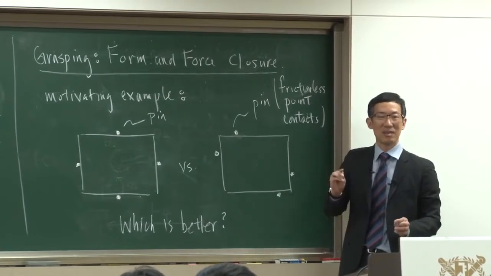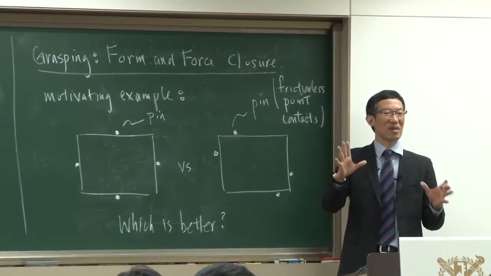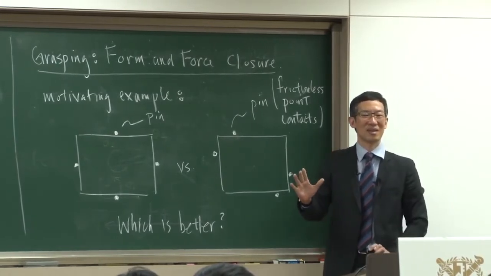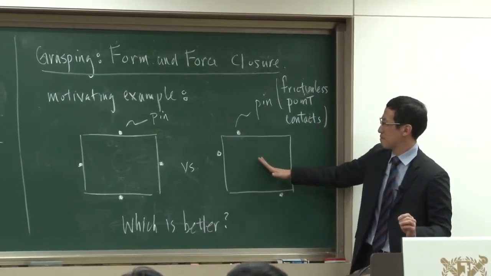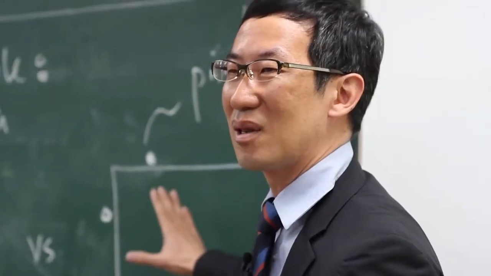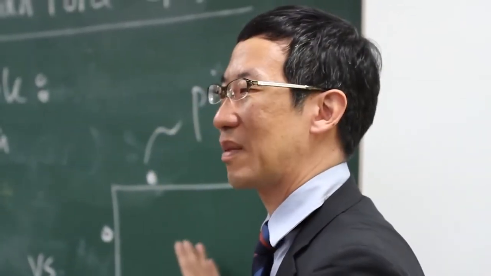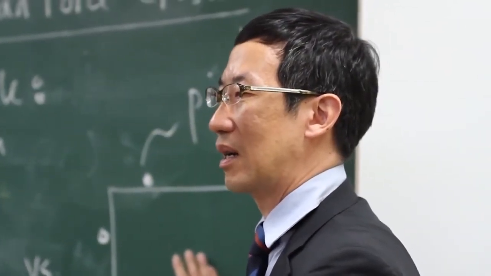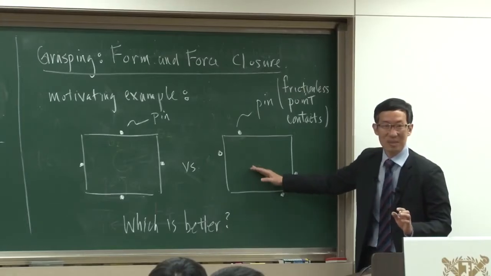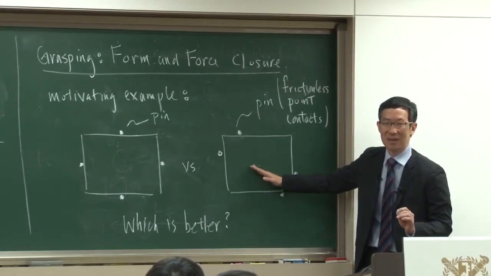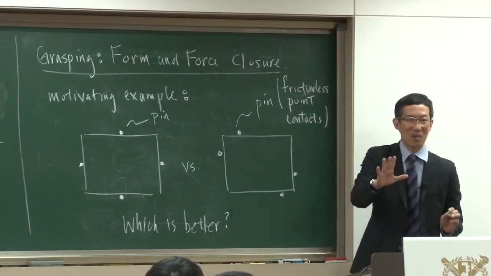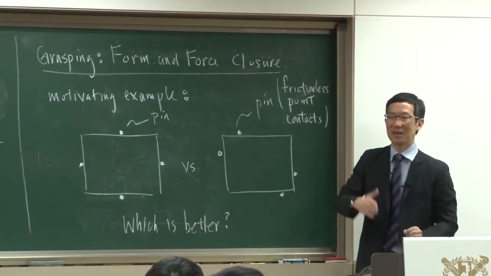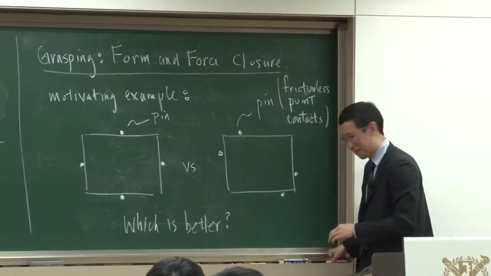So we still don't have 50% voter participation, but that's okay. We'll get a definite answer by the end of class today, which is better. But it turns out this is better. I'm not going to tell you why now. We'll get to that at the end.